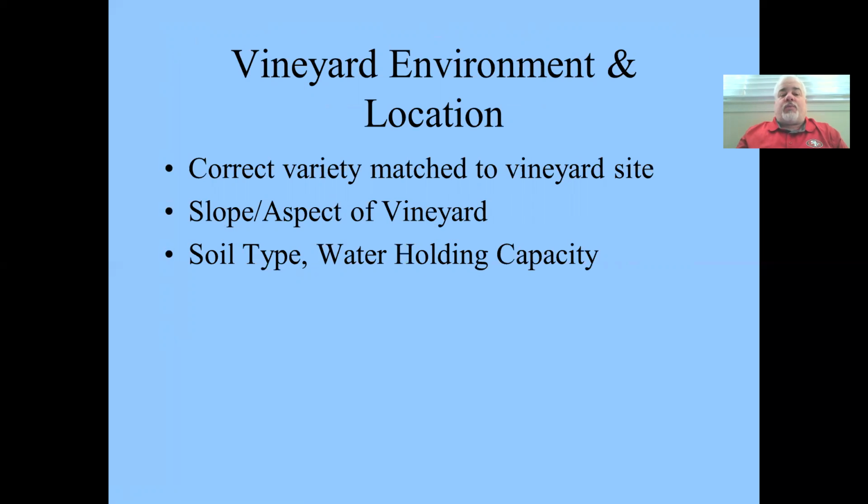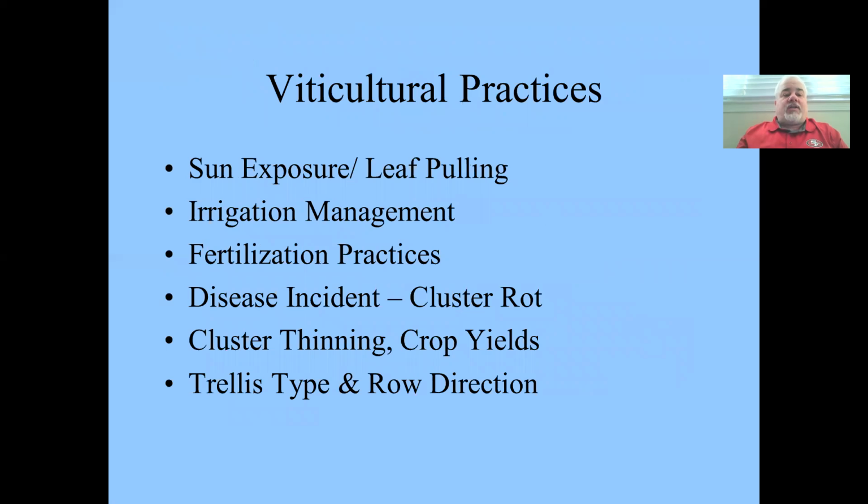So again, there's no surprise here. You need to match the variety to the vineyard. You need to take into account your slope, sun exposure, soil type and water holding capacity. All of those things are crucial and will impact your phenolics.